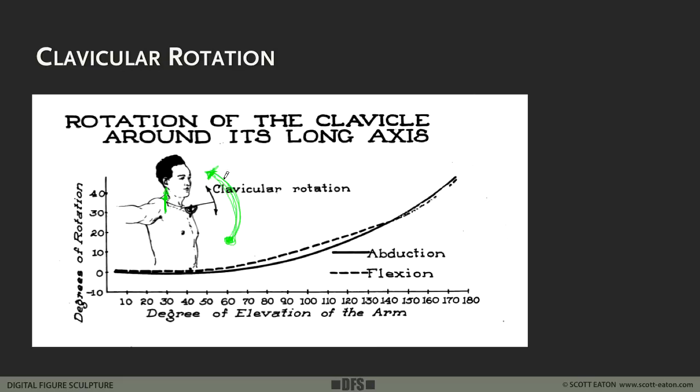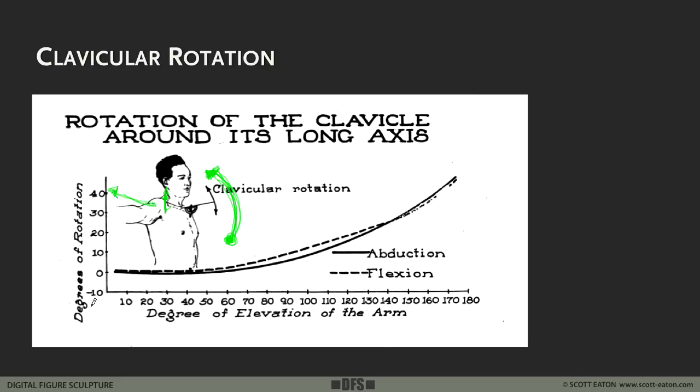This is a crazy effect, but really what it allows you to do is get that last bit of elevation in your arm, because we saw all those ligaments holding the clavicle to the acromion, and the acromion to the coracoid process, etc. If we didn't rotate the clavicle, all those ligaments would be bound too tightly to allow the arm to go any higher than about 120 degrees.